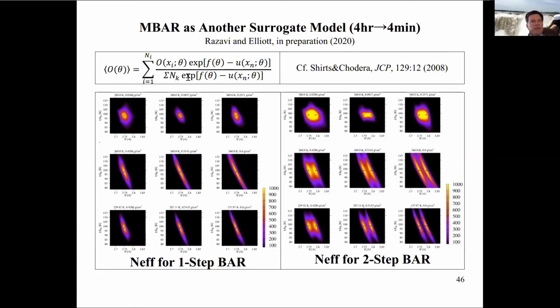That weighting factor is going to be essentially 0 if you try to change sigma by so much that any of the snapshots you took during your simulation end up overlapping to such a large degree, with such a large positive energy, that the Boltzmann factor, the exponential of negative positive energy, goes to 0. When the weighting factor goes to 0, that configuration with that sigma is telling you nothing.